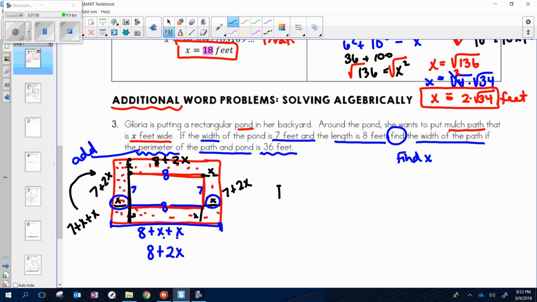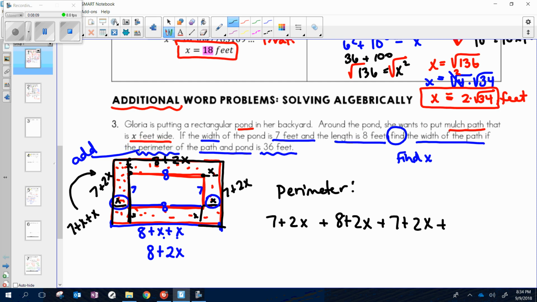So back to the fact that perimeter means add up all the sides. I'm going to start with 7 plus 2X. Walking around the shape, I have an 8 plus 2X next. Going down this side, 7 plus 2X. And back to where I started from, another 8 plus 2X.